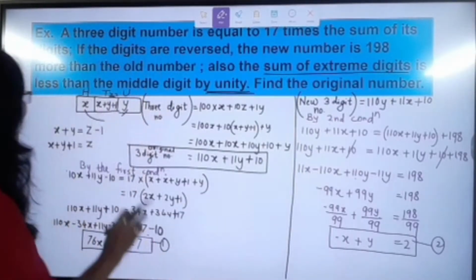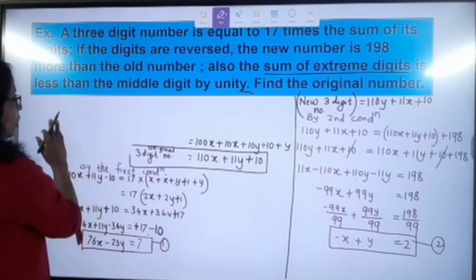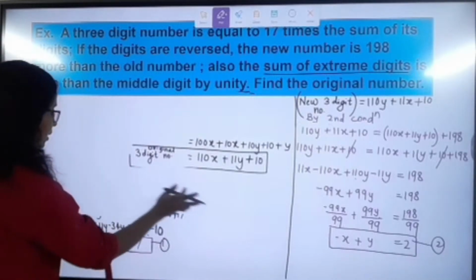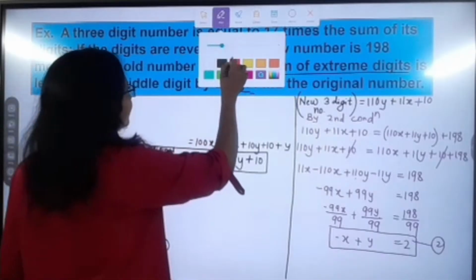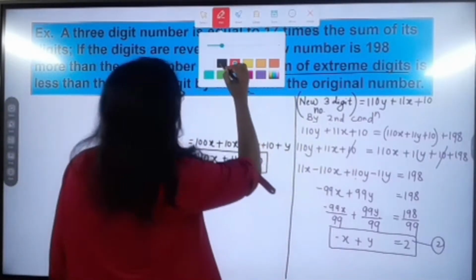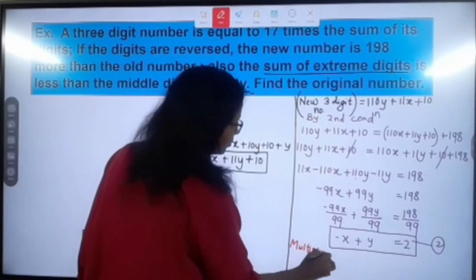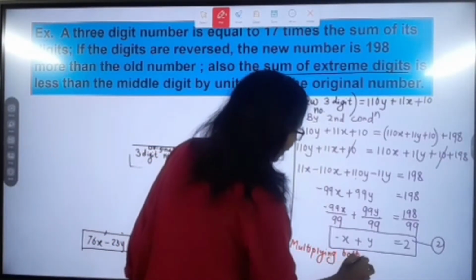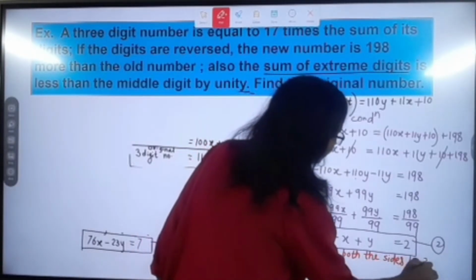Okay, so first I write down the original equation. Now the next part is multiplying both the sides by 23.